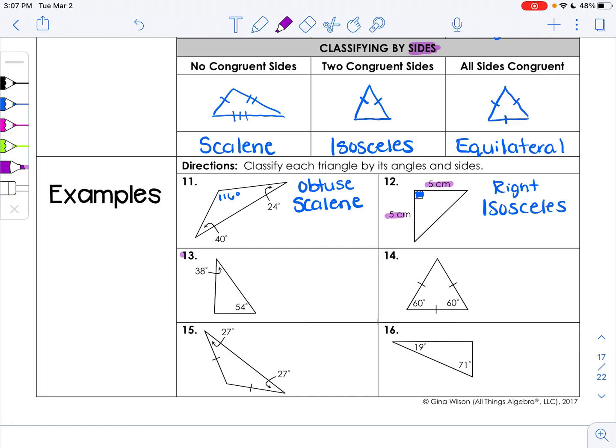Go ahead and highlight 13 through 16. And remember, these tick marks tell you that all three of those sides of number 14 are equal because they're all the same number of tick marks. In number 15, it's telling you that these two sides are the same because you're using the same number of tick marks.